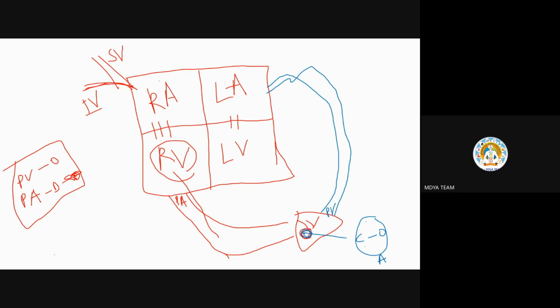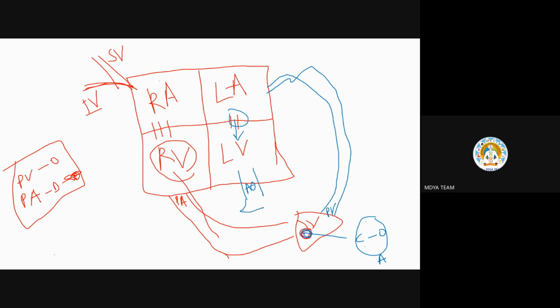Very simple. Then from the left atrium, through this bicuspid valve, it will travel into the left ventricle. And from the left ventricle, it will go into the biggest artery of our body, that is the aorta, AO, and from the aorta to the whole body.